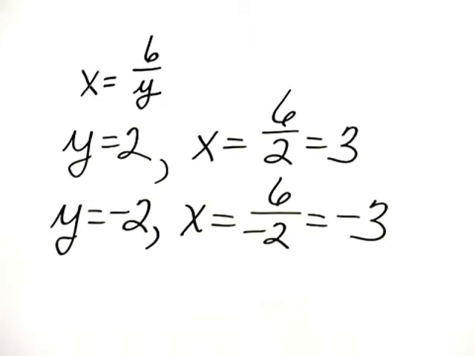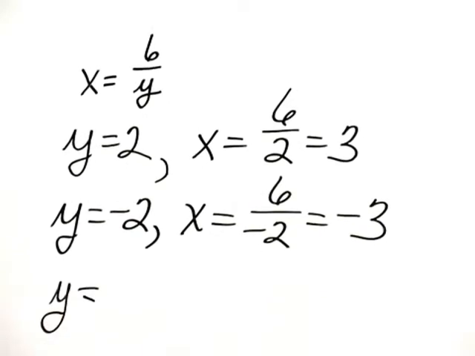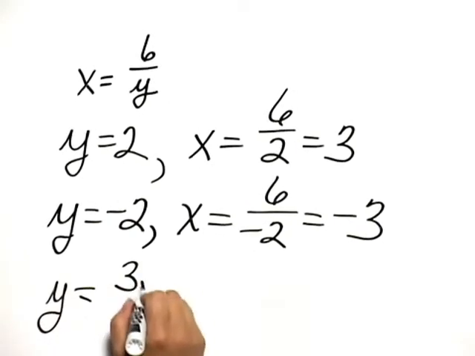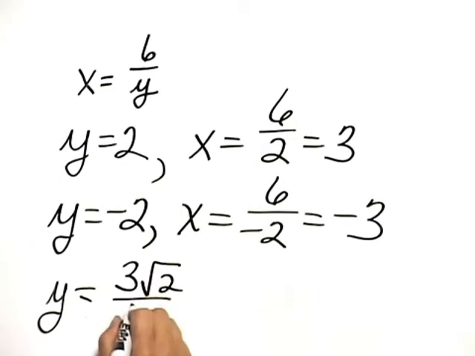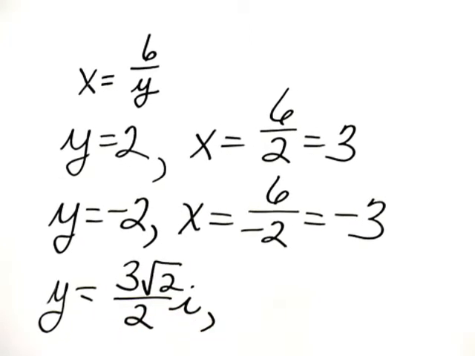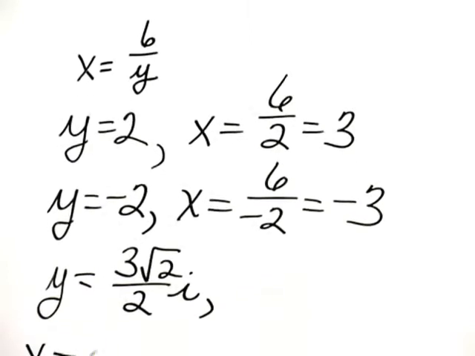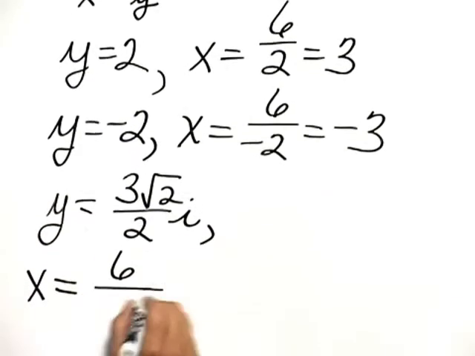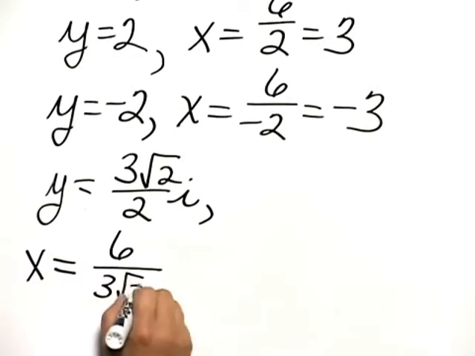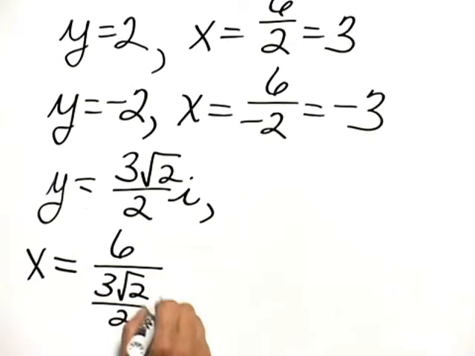Now the next two will be a little more complicated to simplify. When y is 3 square root of 2 over 2i, then x will be 6 over 3 square root of 2 over 2i.